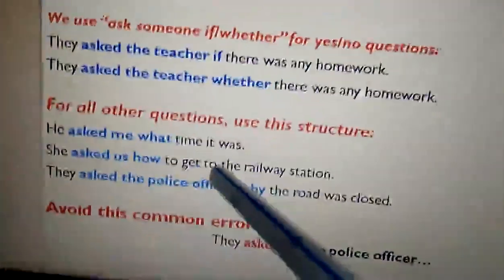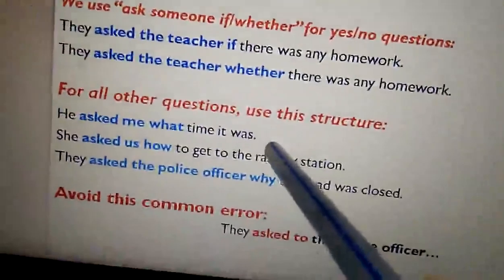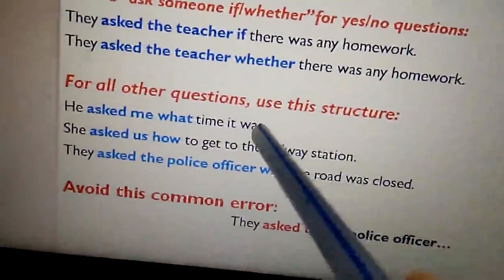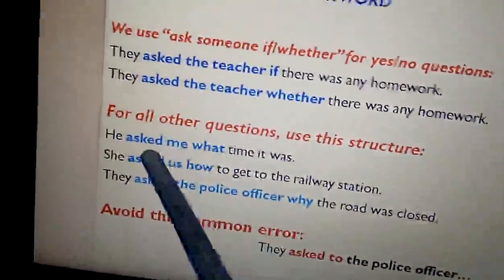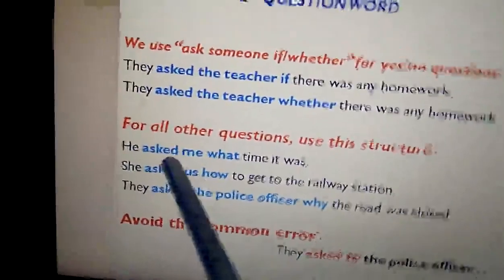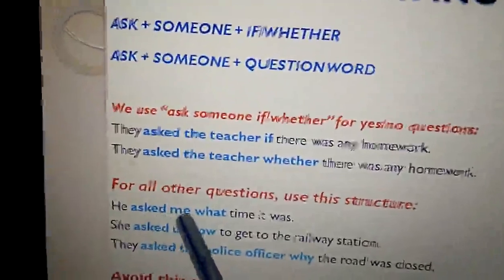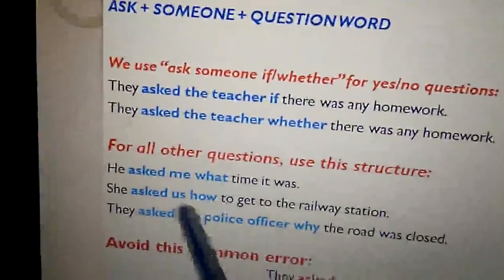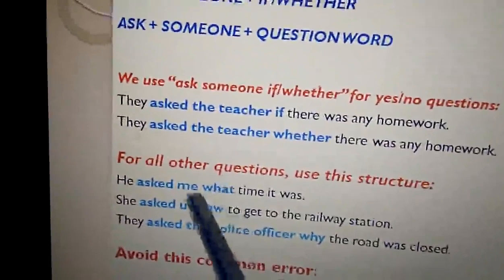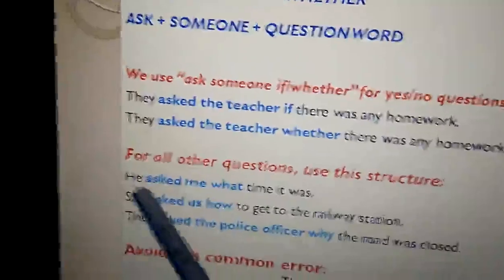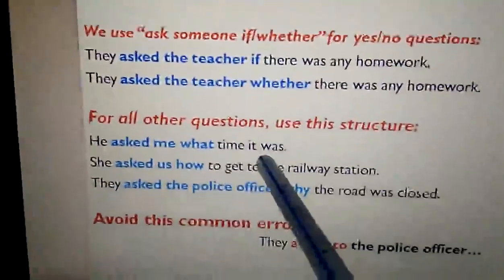If that is a question with a WH word, like a question word, then how do we convert that into indirect speech? The reporting verb that we use is asked, and the reporting pattern is asked plus someone plus what, or someone plus how, or someone plus why. He asked me what time it was.